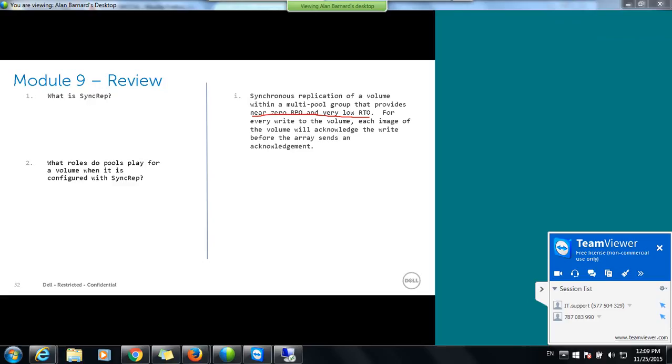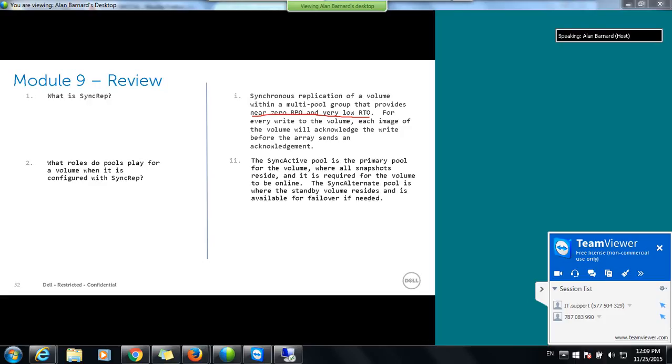Every time we have a picture of sync rep, you will see next to the pool name there is something. What is it? Sync active and alternate. Okay, so you know which one is active, you know which one is alternate. You cannot have both active.